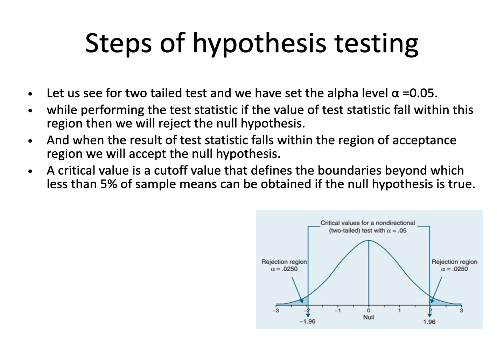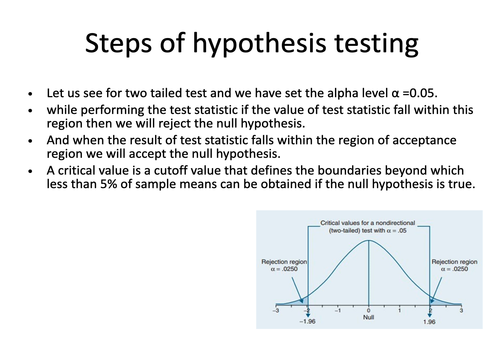While performing the test, if the value of the test statistic falls within the region of rejection, then we will reject the null hypothesis. When the test statistic falls within the region of acceptance, around the mean, we will accept the null hypothesis.